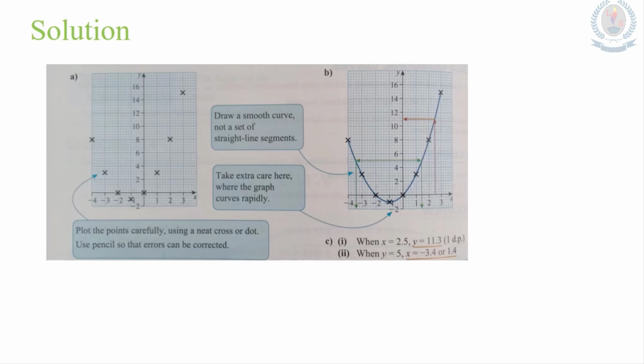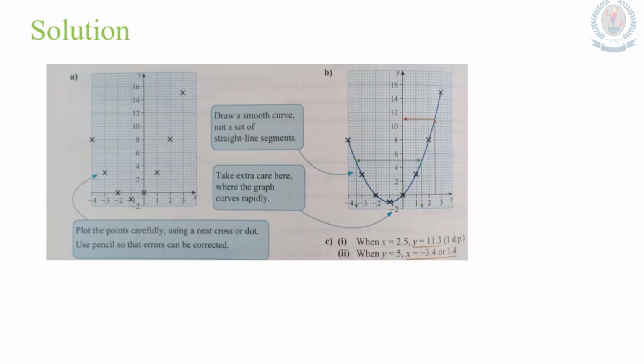In the same way you use it for the second part also. They asked to find the value of x when y equals 5. Here on the y-axis you check where y equals 5. Then you draw a line across the curve at y equals 5. Then two solutions come up. You can see two places touching the curve.